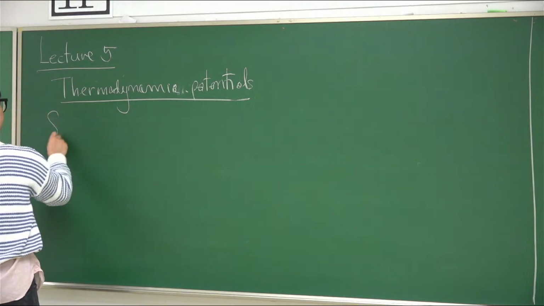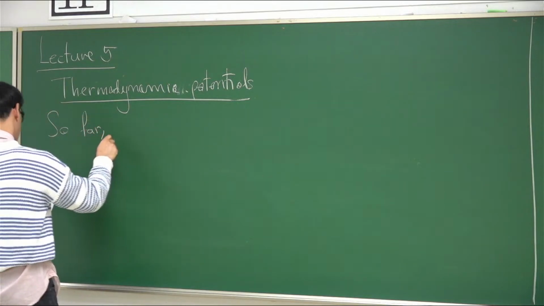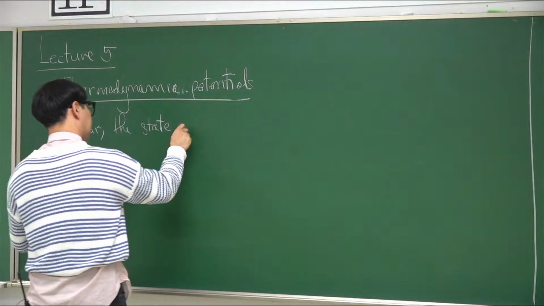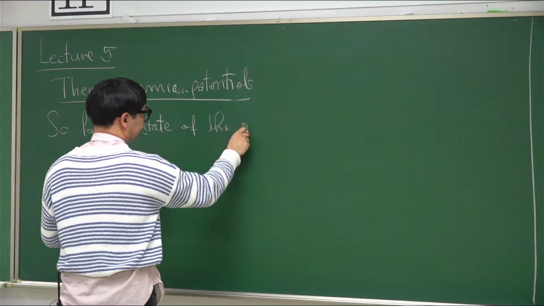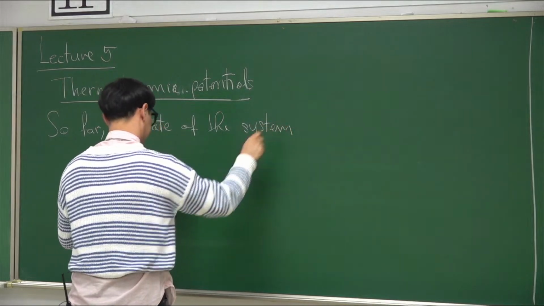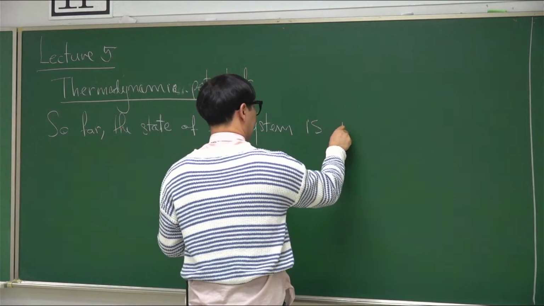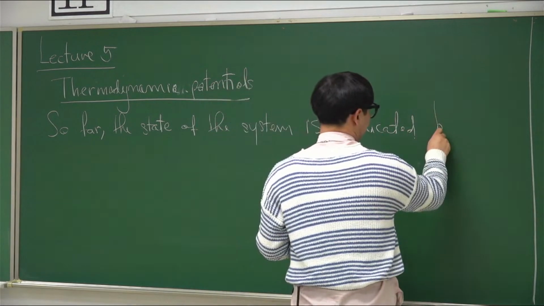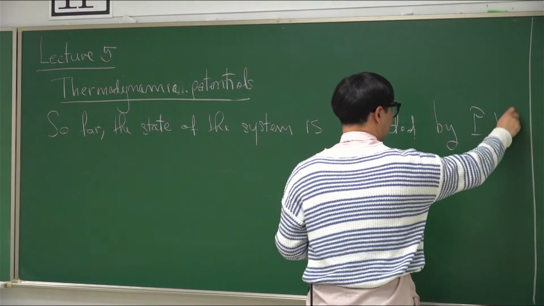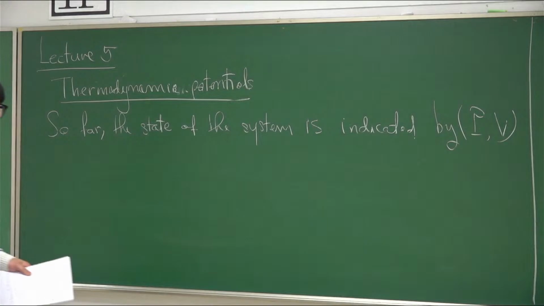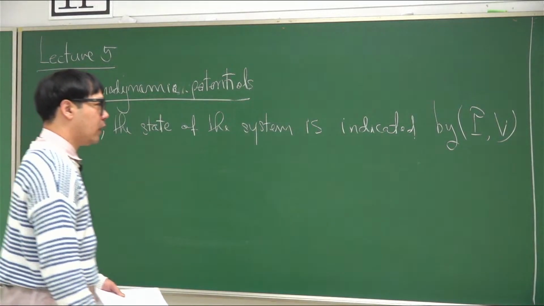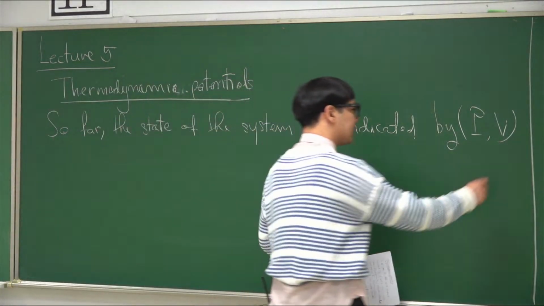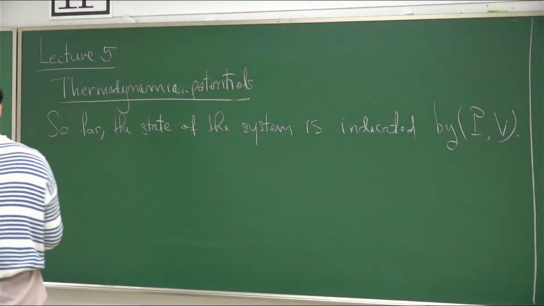So far, the state of the system can be described by these two pair variables, right? And then you can specify the state of your system. But it's not necessarily so, we have more than these two, right?